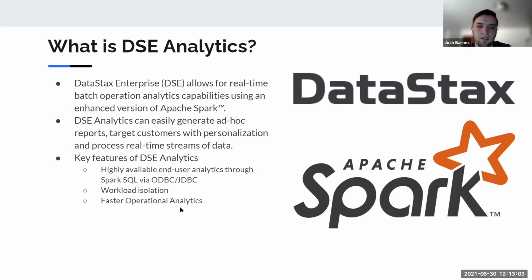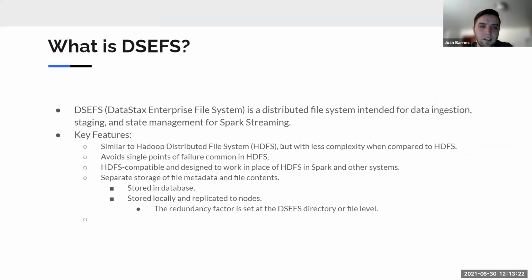Some key features: highly available end user analytics through Spark SQL, workload isolation, which is one of the key features I've seen about it, and faster operational analytics. The file system, DSEFS, is similar to the Hadoop distributed file system, with their self-professed less complexity when compared to HDFS.